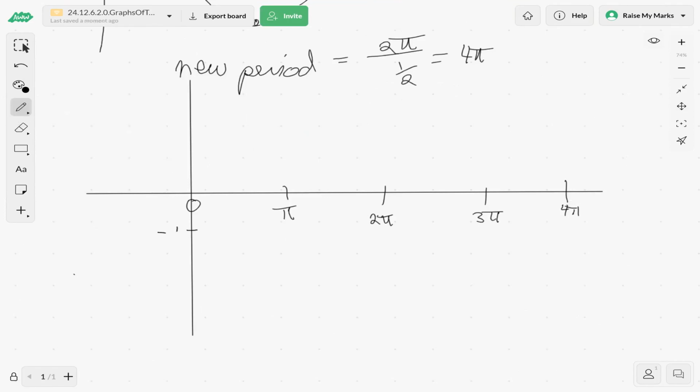Let's say that's -1, and let's just use a dotted line. All right, let's mark off a few points here: 1, -2. So this dotted line is our axis. Our new graph is going to oscillate about this new axis.